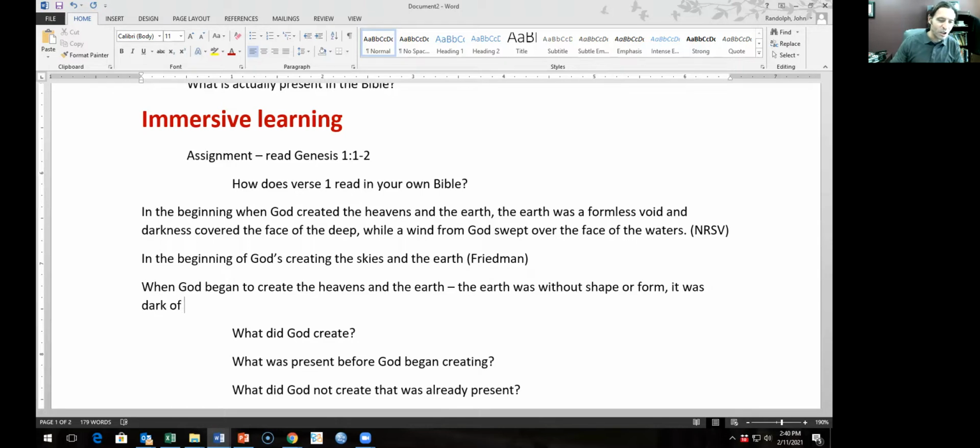That's interesting. I've not read this. It was dark over the deep sea. So I'd like also to reference this next thing. The water is the face of the deep sea. How does your text refer to that?